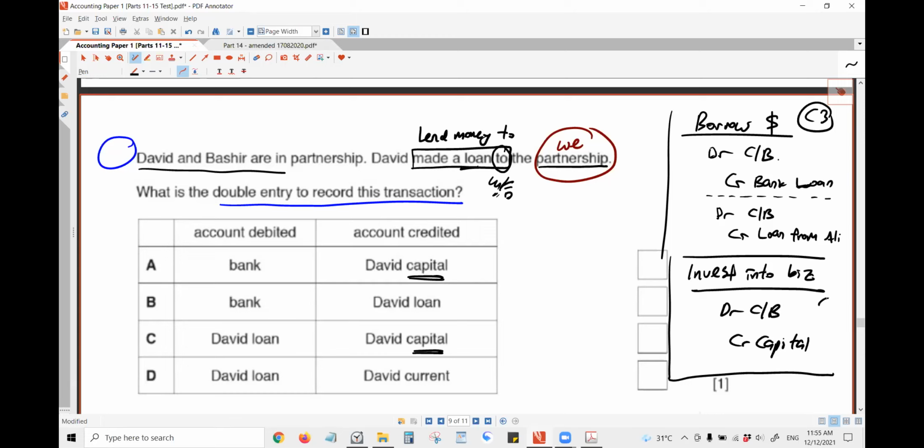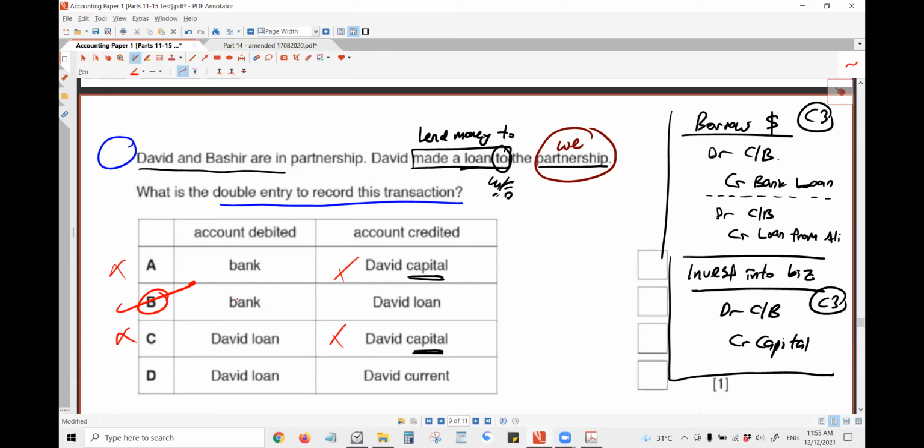This is again what you learned in chapter 3. Now, is this question talking about investment from owner into the business? No, it's talking about borrowing here. Therefore, A and C are wrong. Then, which is the answer? Answer is B. You have to think from the business point of view.